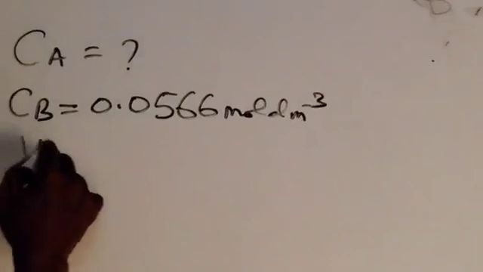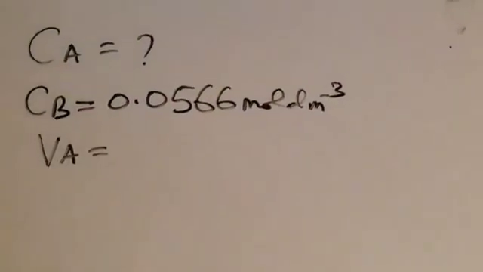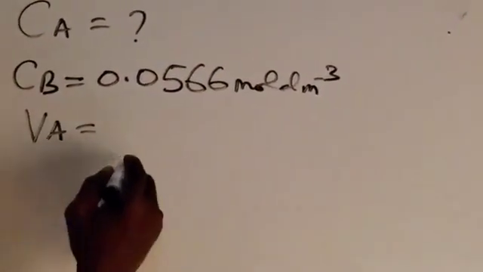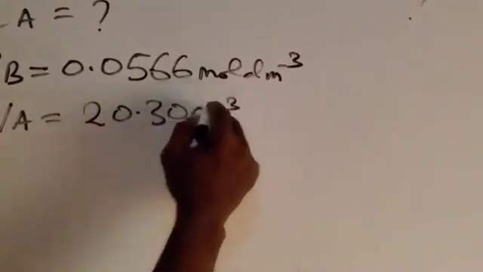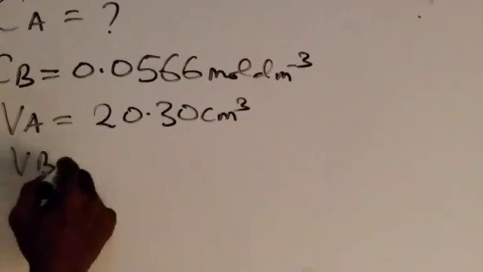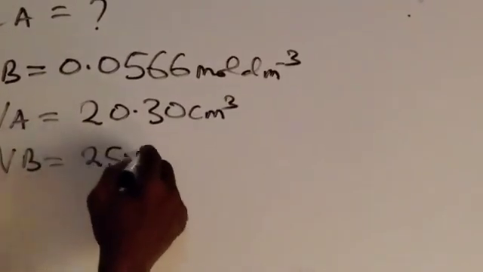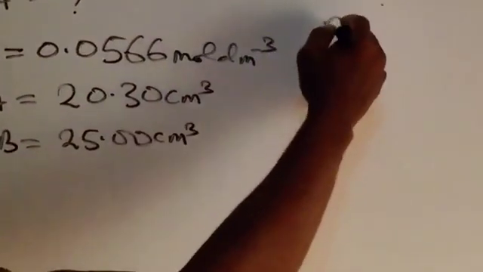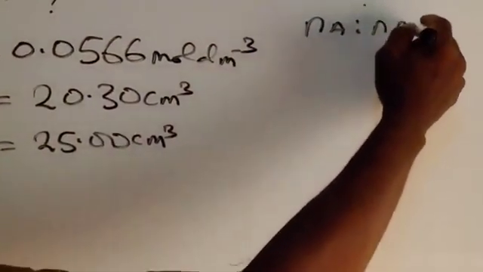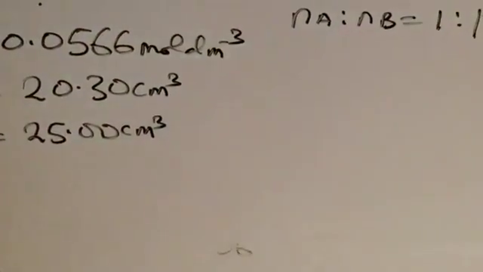Our VA is given to us also. The value of our VA, from our titration table, is 20.30, that's the endpoint. Our VB is 25.00 cm cube. Then the mole ratio of A to B is 1:1 from the balanced equation.